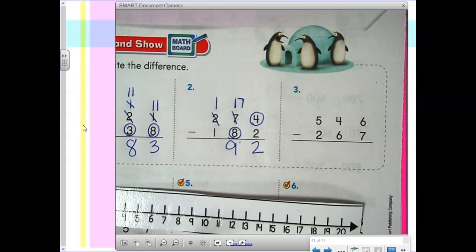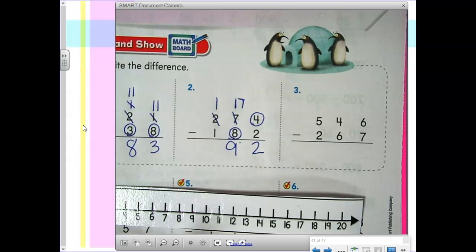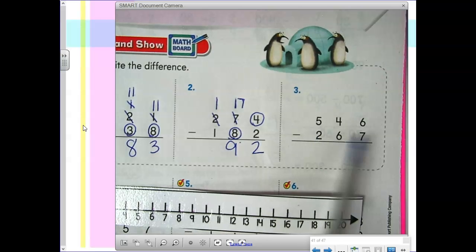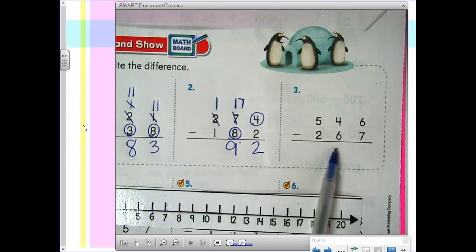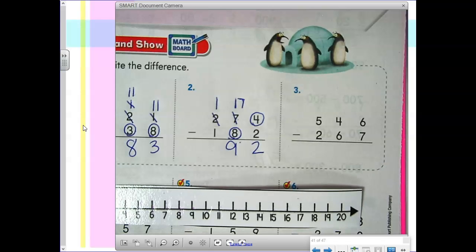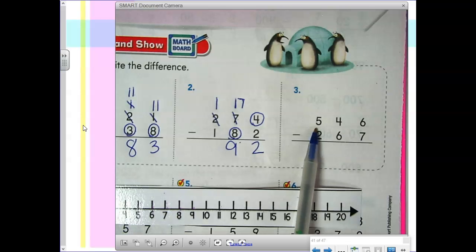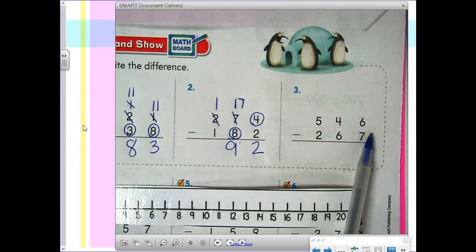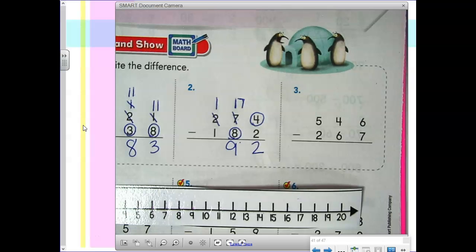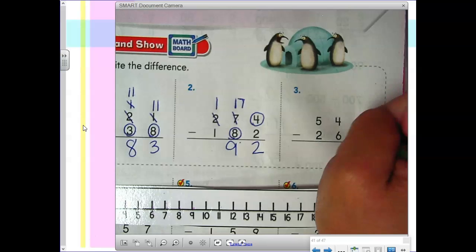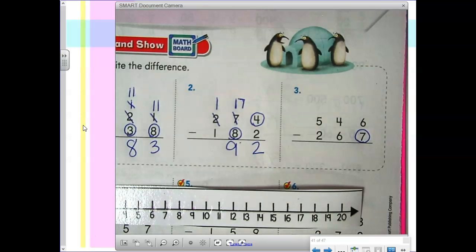Number 3. 546 minus 267. All right, start on the right. 6 minus 7. What's our big number? 7. More on the floor.